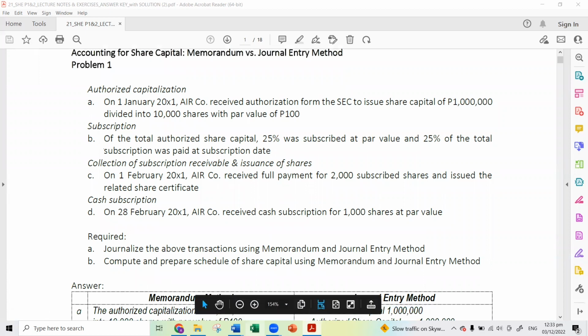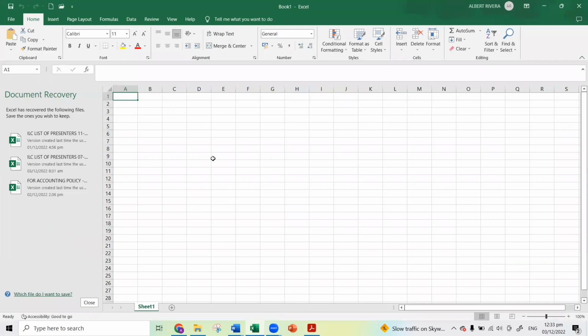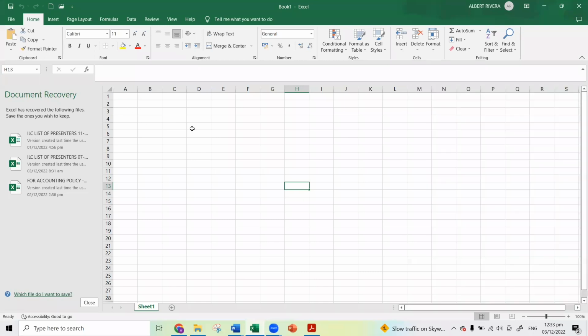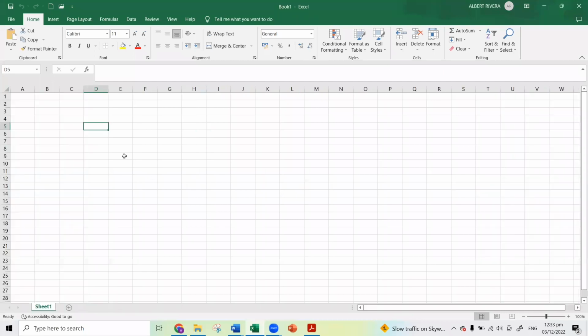So let's open Excel. These are the components of your stockholders' equity or shareholders' equity. Let's go through them one by one. Let's start with the so-called share capital. Under share capital, these are the components.